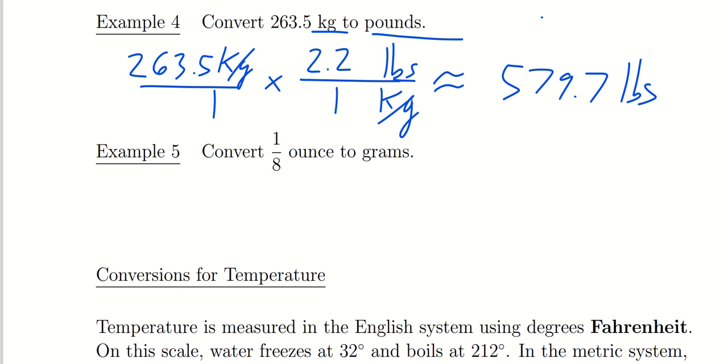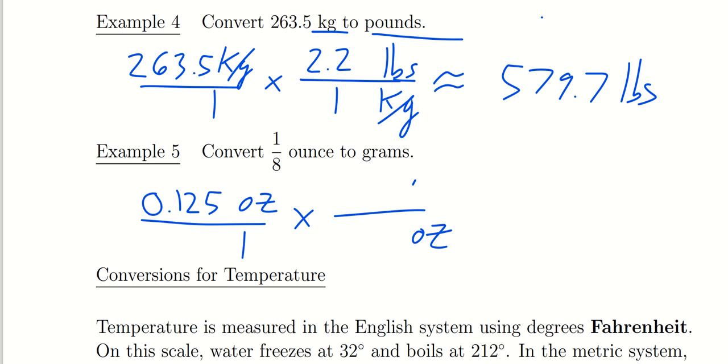For the next one, we want to convert 1/8 of an ounce to grams. If it helps, you can always convert that fraction to a decimal first. 1/8 is the same thing as 0.125. To get rid of ounces, ounces are going to go on the bottom. Grams is going to go on top.